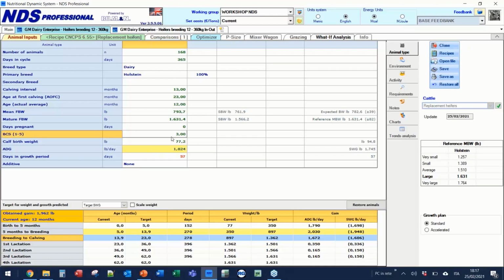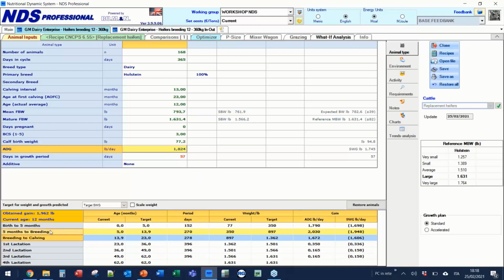Basically, we always input 3 as body condition score because we want to normalize our outcomes based on body condition score 3, the calf birth weight that is important when we work with pregnant heifers, and the average daily gain that in my example is not an input but is calculated, it is proposed by the target growth system.